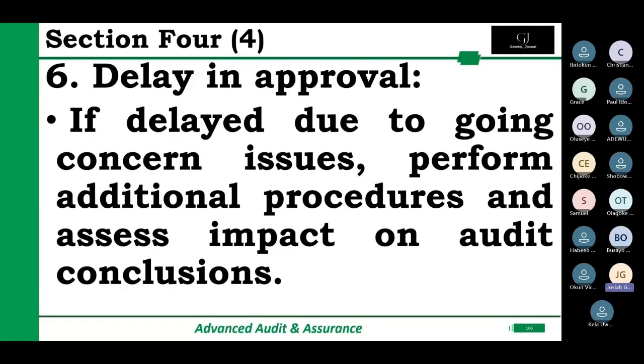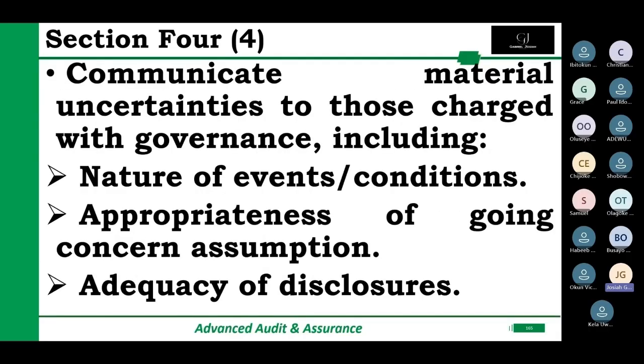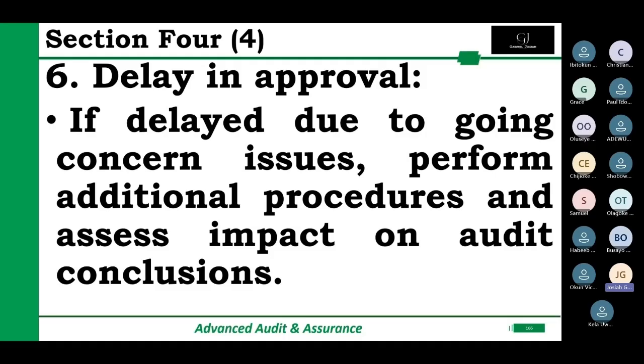And areas around delay in approval: if delay due to going concern issues and performance of additional procedures and assessing impact on the audit conclusion is imminent, then the auditor needs to ensure that if management does not approve, he needs to consider his position on some of the issues he has discussed with management, either by qualifying the opinion or by a disclaimer of opinion, to show there are issues that need to be addressed and not just providing a clean report on the audit here.